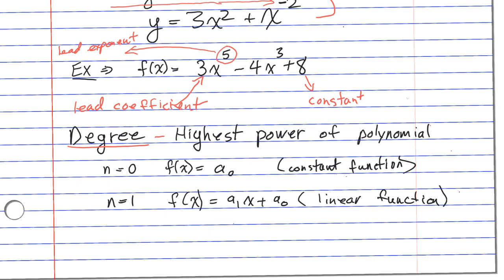And next, when n is equal to 2, we have f(x) is equal to a2x to the 2 plus a1x plus a0. You used to call this quadratics, otherwise known as a parabola.